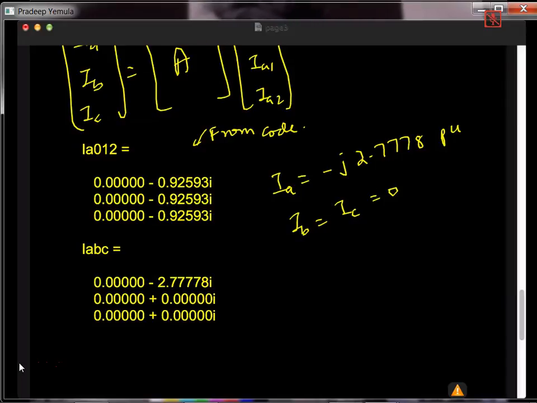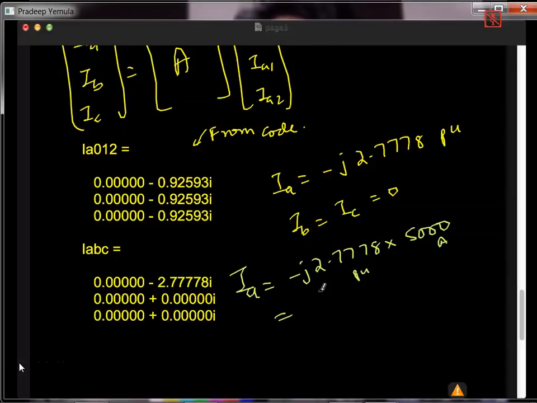Now what is the actual fault current? IA is nothing but minus j2.7778 into 5000. This is in per unit and this is in amperes. So I'll get how much?